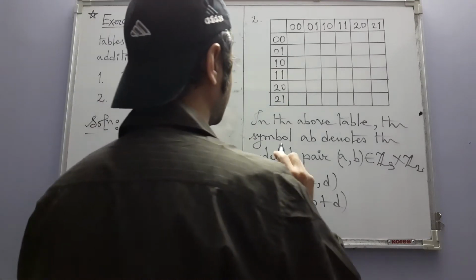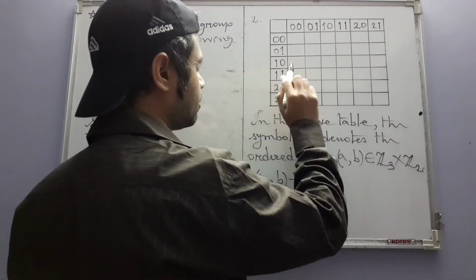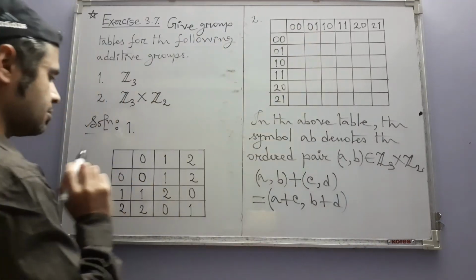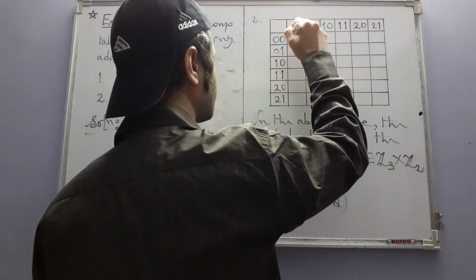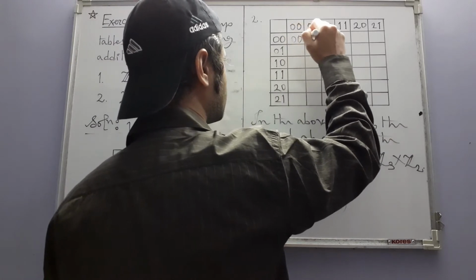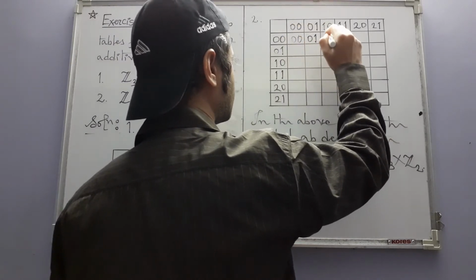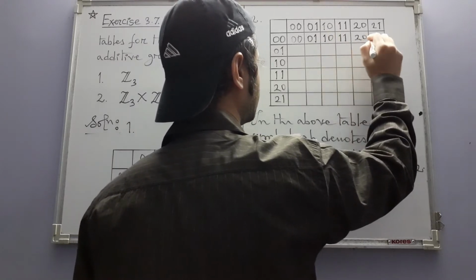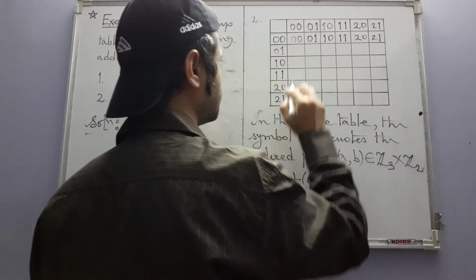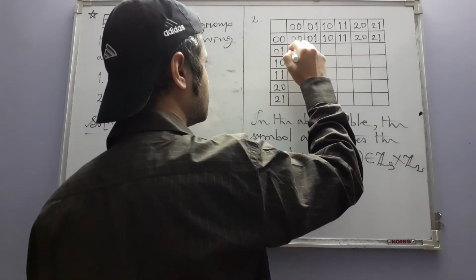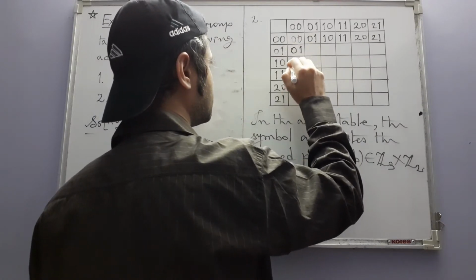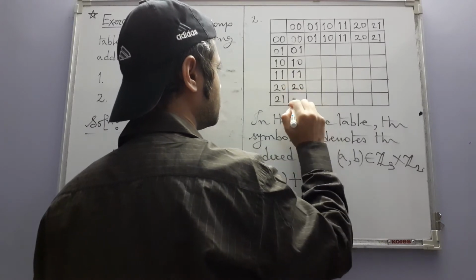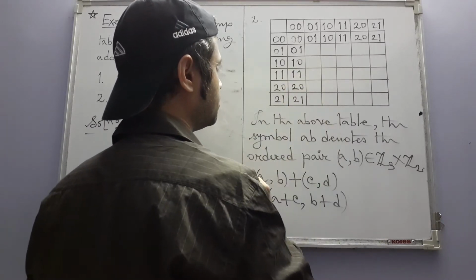So now first of all, this 0 0 will have no effect on these elements, just like this 0. 0 1, 1 0, 1 1, 2 0, 2 1, then 0 1, 1 0, 1 1, 2 0, 2 1.